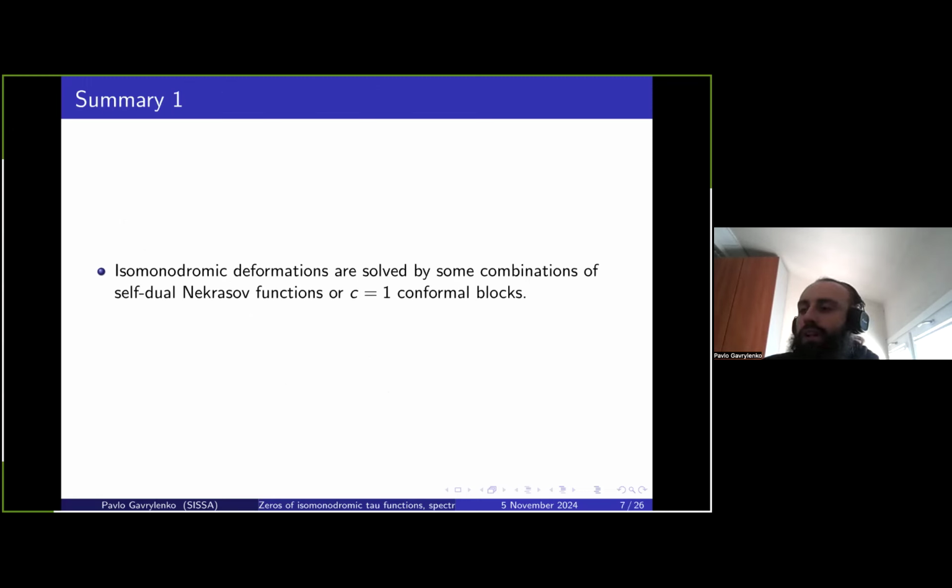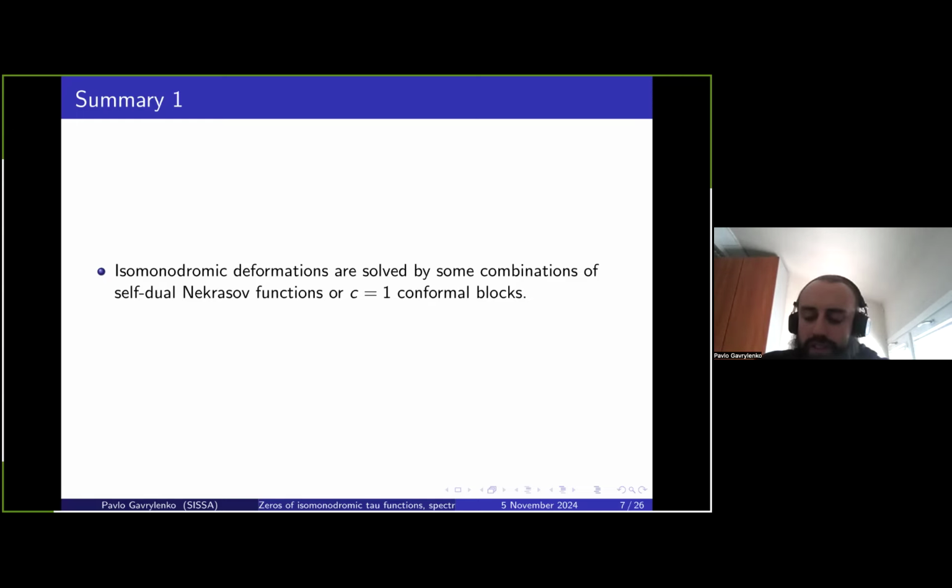Okay, so this is all about this first part. So the main message is that if you have some isomonodromic system, you can write its solution in this explicit form. Explicit in the sense that it is some series with explicitly known coefficients.